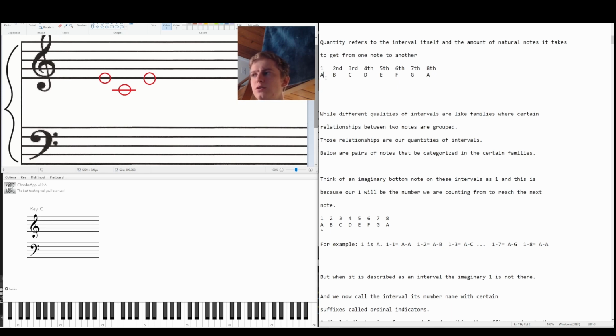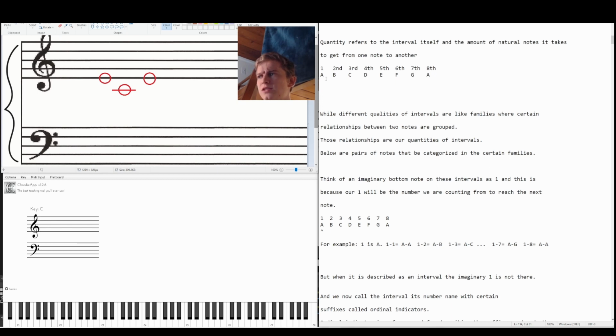So when we're counting from A to B, we have our A as 1 and our B is 2. So it's good to know this. And as you see, it's the natural notes, no flats or sharps, because you don't need to worry about that when you're just looking at the quantity.